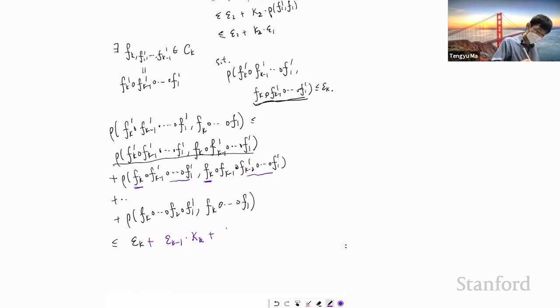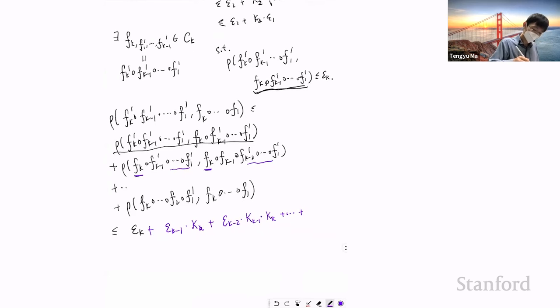And then you have epsilon k-2 times kappa k-1 times kappa k, and so on and so forth, until in the last term the only difference comes from the first one. So you pay epsilon 1, because F1 prime is from the epsilon cover. And then you pay a lot of Lipschitzness, like kappa k times kappa k-1 up to kappa 2.